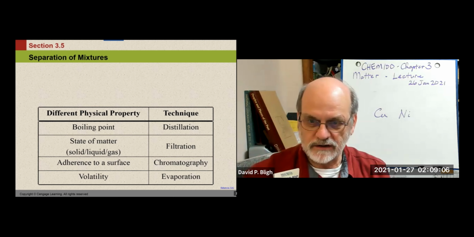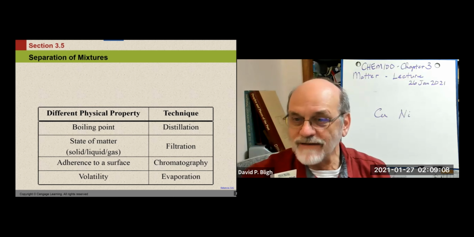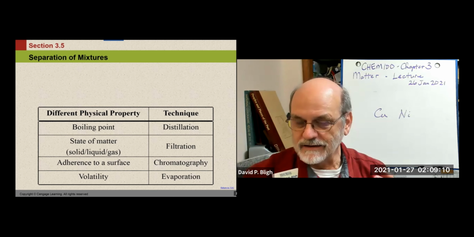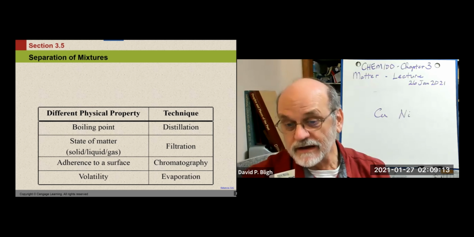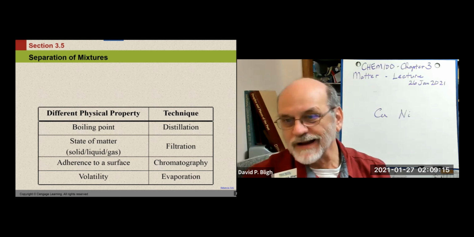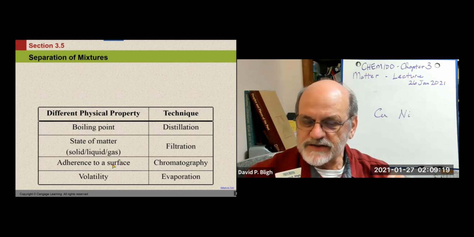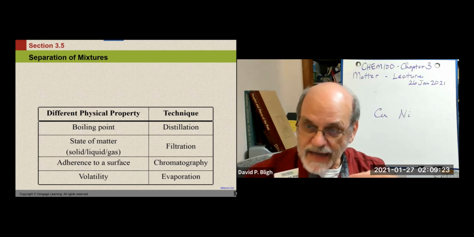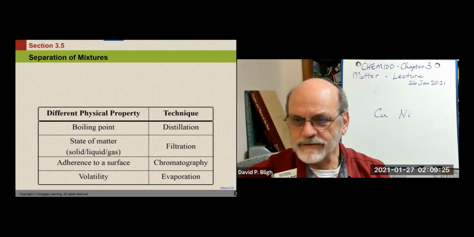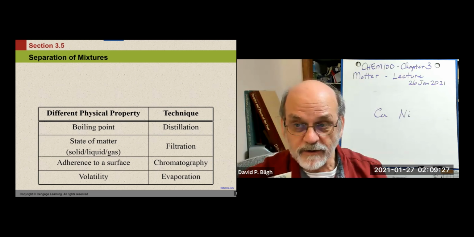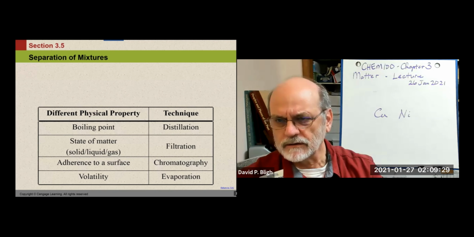Chroma means color, and graphy refers to writing. So literally, chromatography is color writing. But the difference is based on how strongly the components of those colors adhere to the paper. If they're bound strongly to the paper, then they'll spend more time on the paper.